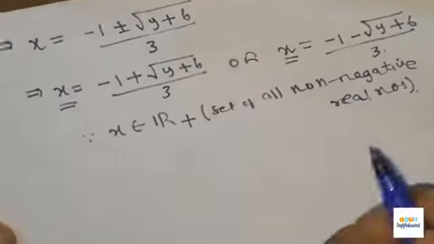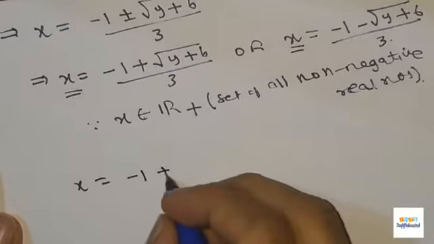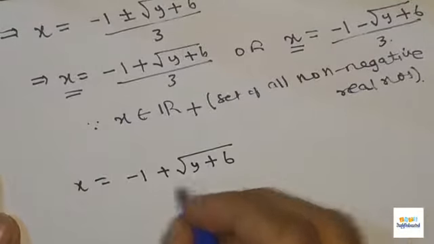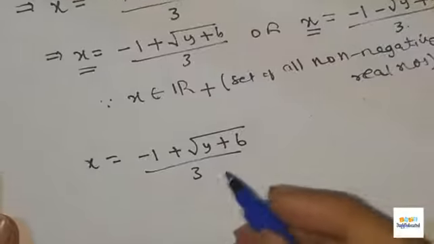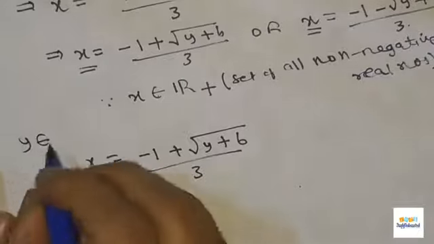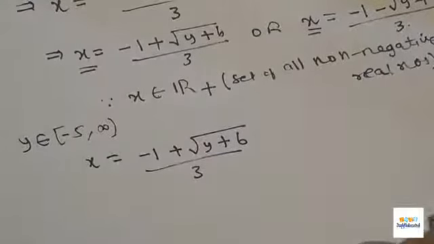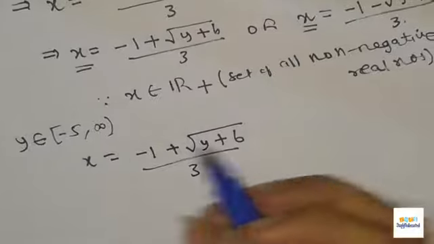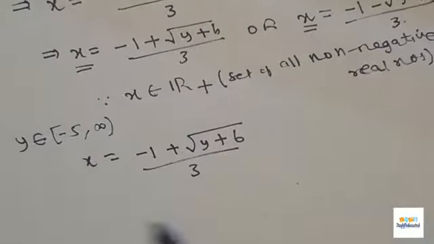You can check it now: x equal to minus 1 plus root of y plus 6 divided by 3. You can take any y here. Now y belongs to the set minus 5 to infinity open. So you can check this value first by taking different values of y.